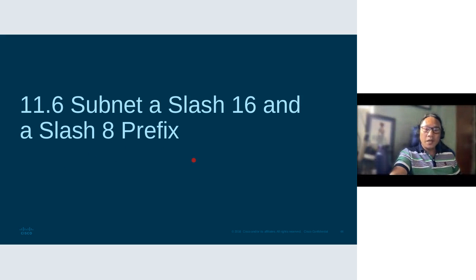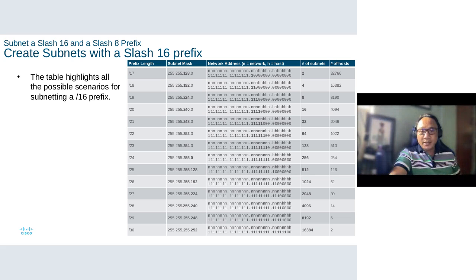Kasi kung gagamitin mo lang tong slash na to, ang daming masasayang na IP addresses. So, yan yung concept ng segmentation. Aside from putting division on the big network, making it smaller, another possible benefit is that we can actually reduce the wastage of a lot of IP addresses.